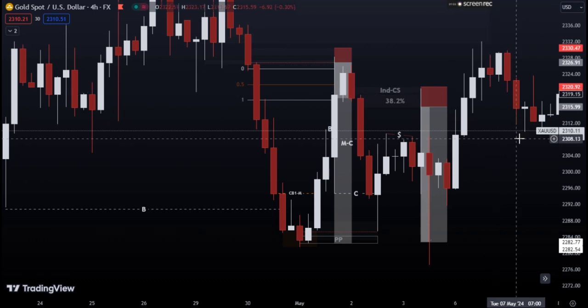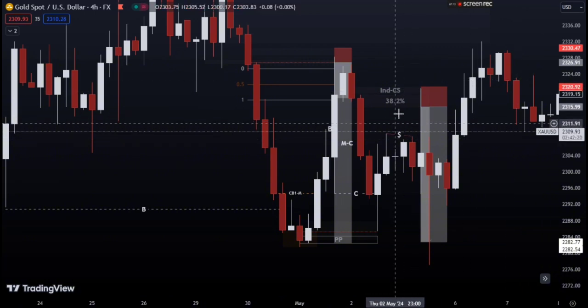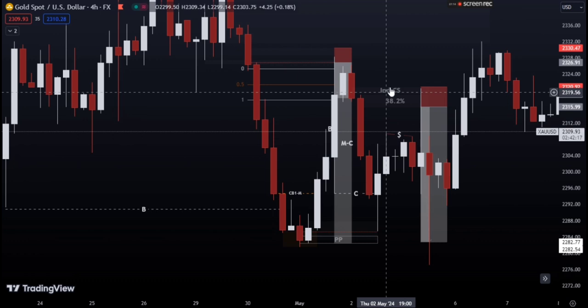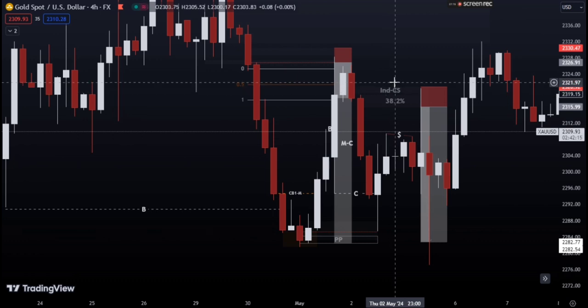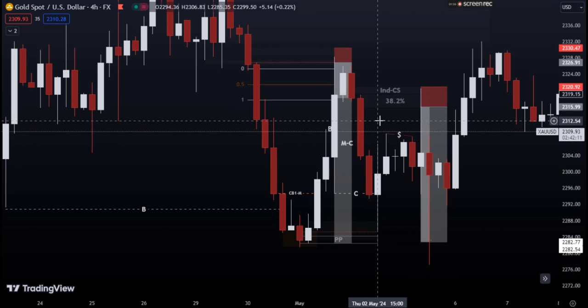So now let's validate the entry point. If you want to validate the entry point, here is what you need to do. You have to check, is your entry point within any supply zone in a higher time frame? Yes. Can you please highlight it?